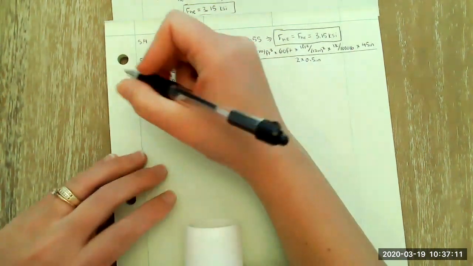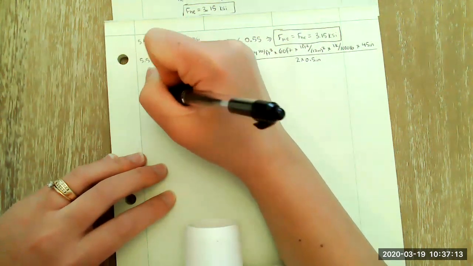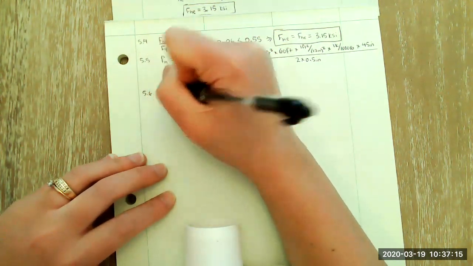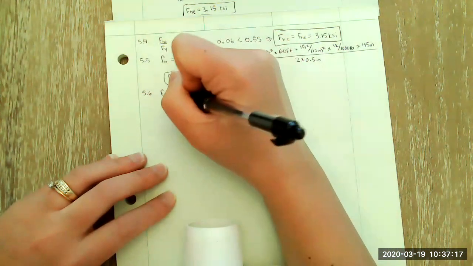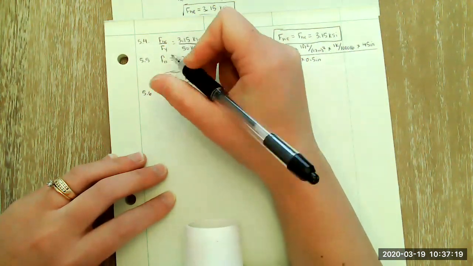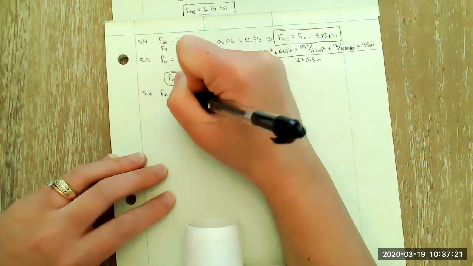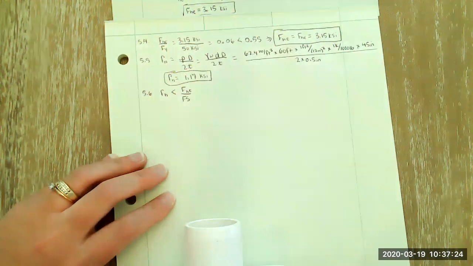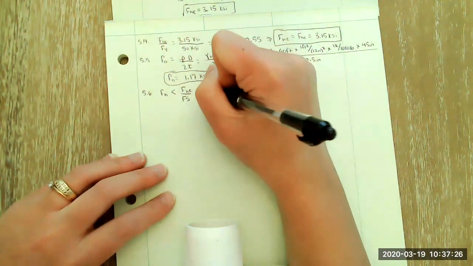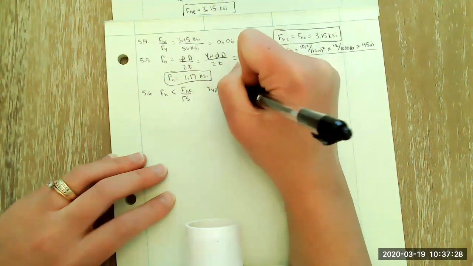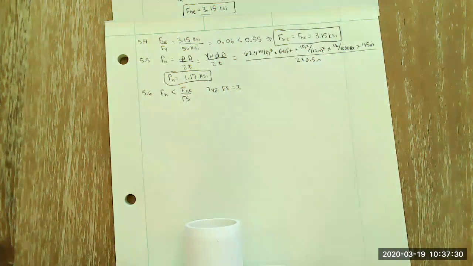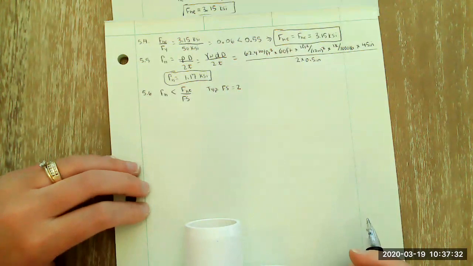And so the final check for our hoop stress, step 5.6, is to check whether our actual hoop stress is less than our critical hoop stress divided by a factor of safety. Typically, factor of safety equals 2. We didn't say that there was any storm or special scenario here.